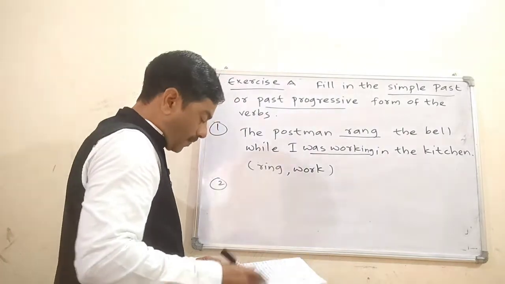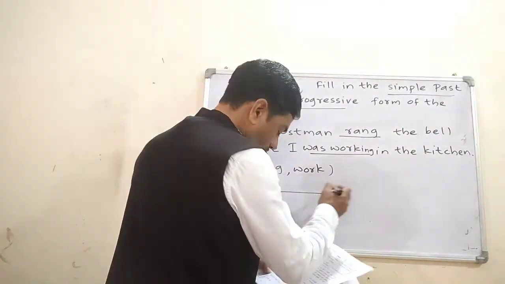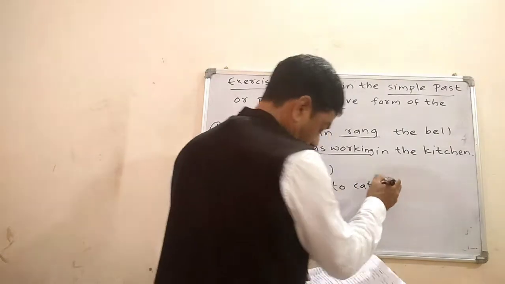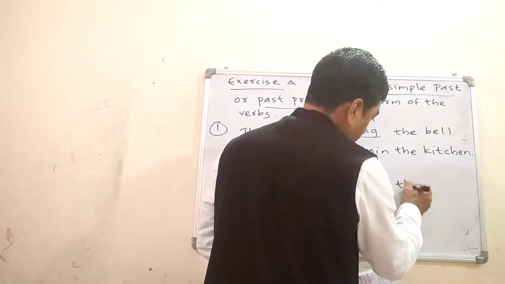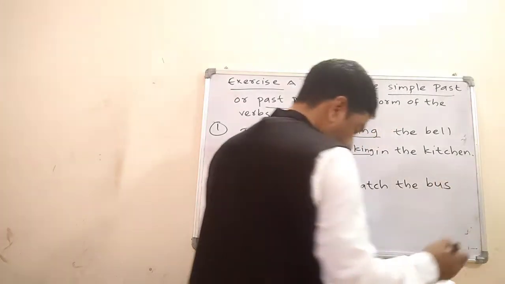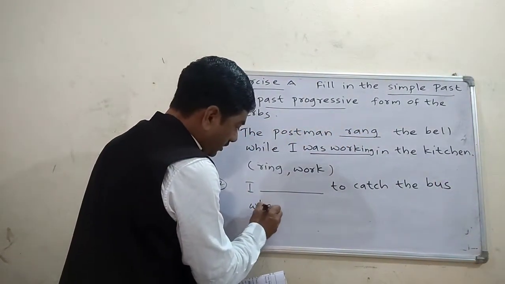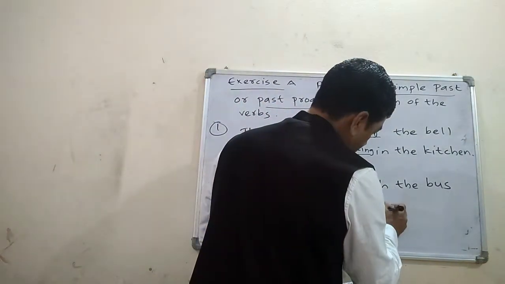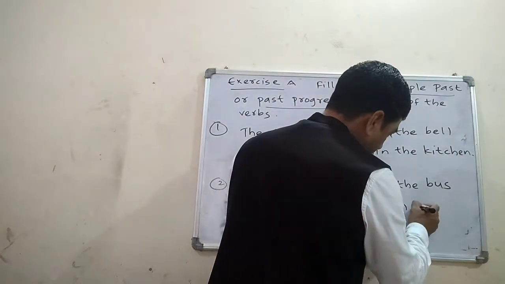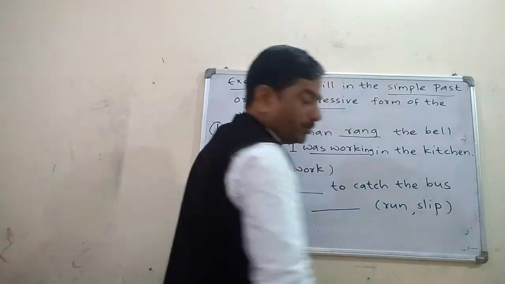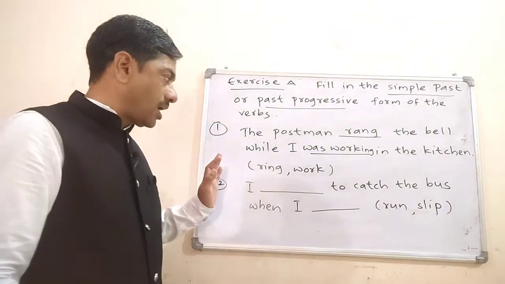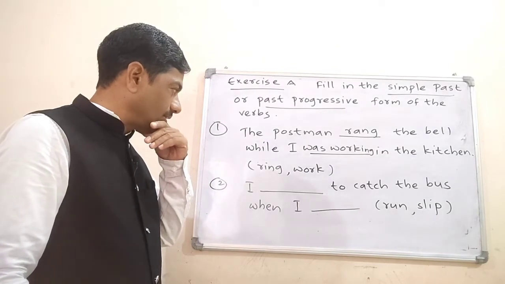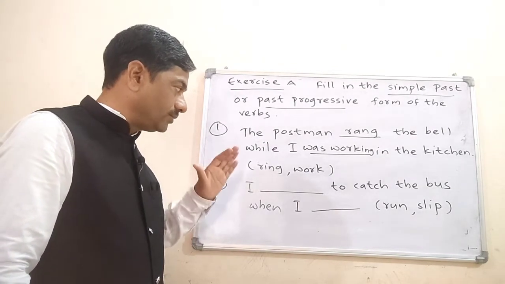Second, I dash to catch the bus when I dash. There are two verbs, run and slip. So we have to make use of two tenses. See what will come.